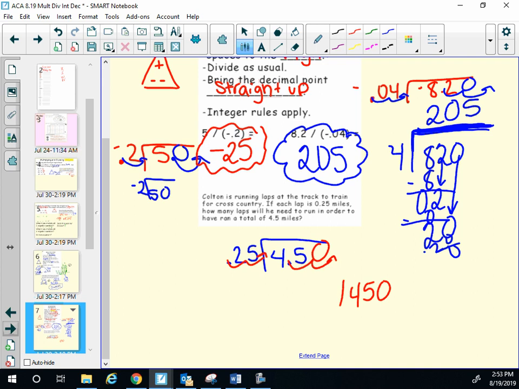So this problem really says 450 divided by 25. What's 4 divided by 25? 0. Someone put a 0. How about 45? How many times? Just one time. Now I'm going to bring down the 0. 200 divided by 25.